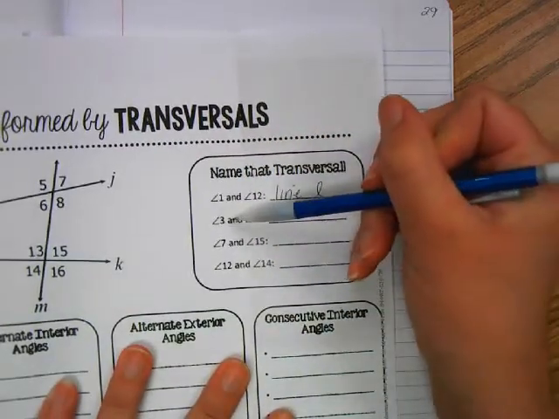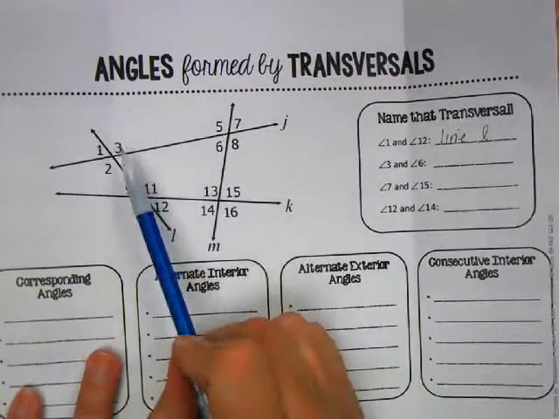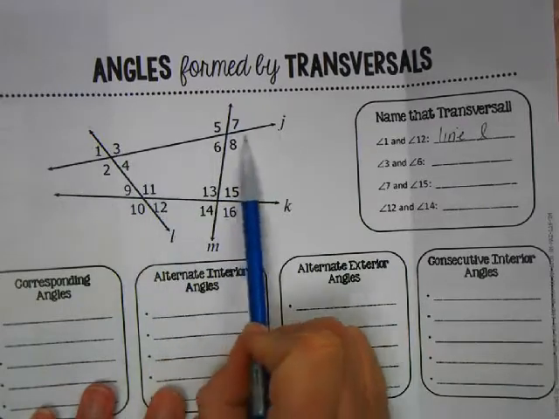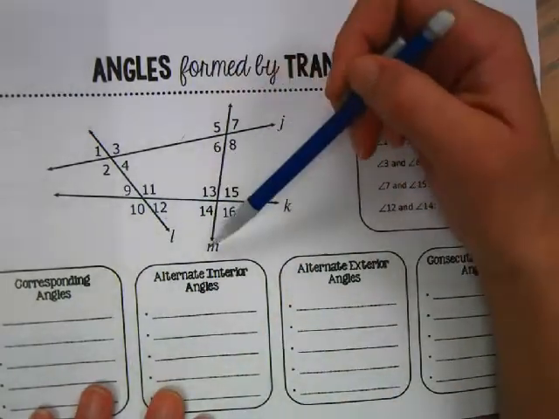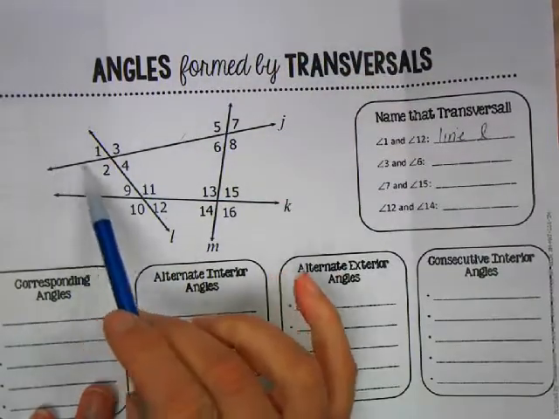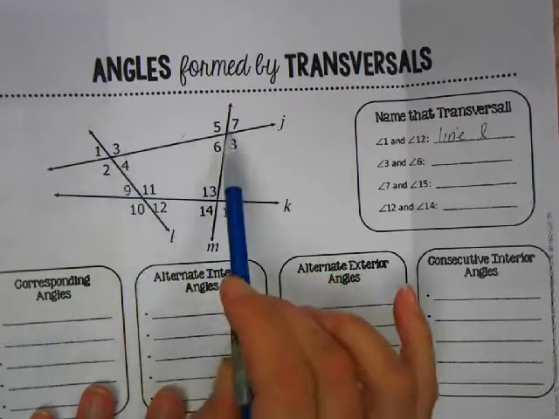Then locate angle 3 and 6. Angle 3 and 6 are formed by transversal J, because lines L and M would be your two coplanar lines with transversal J intersecting them at two different points.